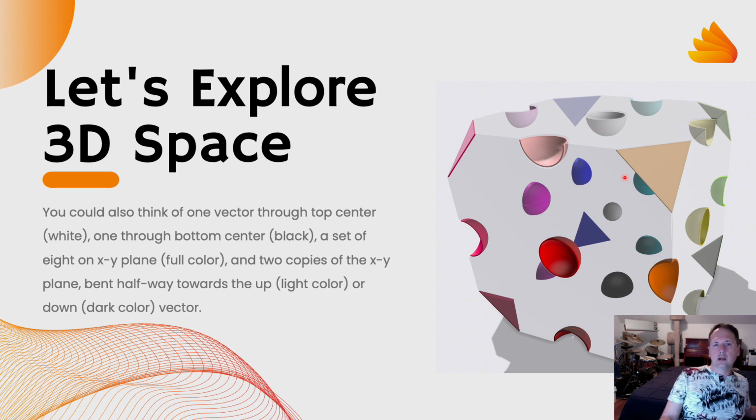Straight up would be white, straight down would be black, and right at the centroid of the cube you could have gray. And these could be also, not only showing you kind of color space with the full saturation of color in the mid-tier and then going lighter, going up towards white, and darker going towards black, but you could also use this to help remember the 26 vector directions that we're just talking about.